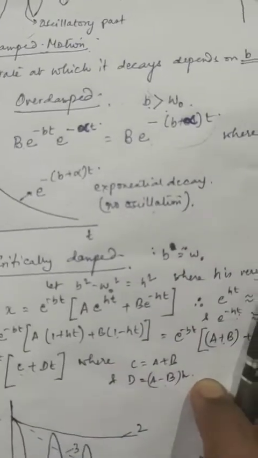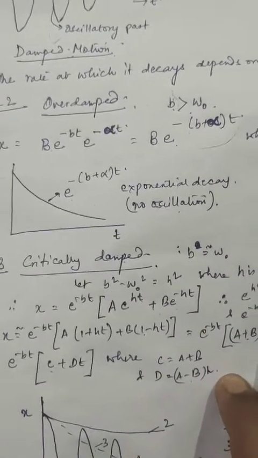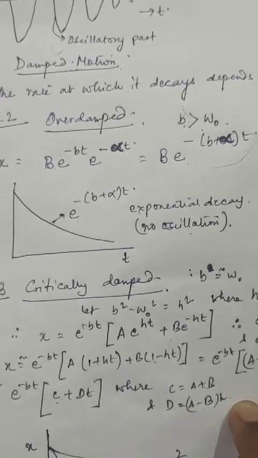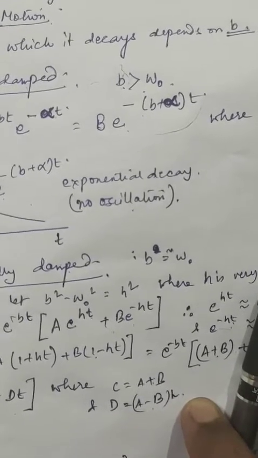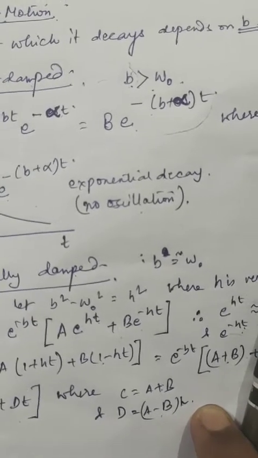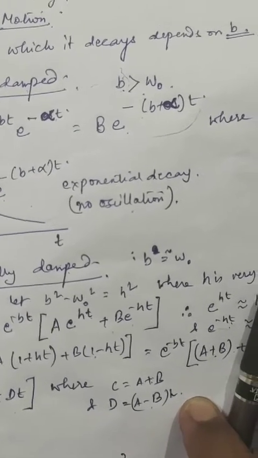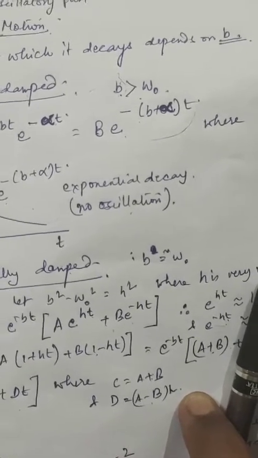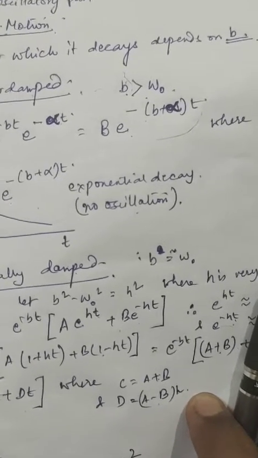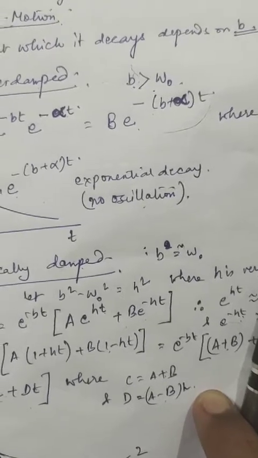See, the name suggests critically damped. If b is very much greater than omega naught, or b is greater than omega naught, that is overdamped, it is not going to oscillate. And if b is less than omega naught, it is going to oscillate, underdamped.